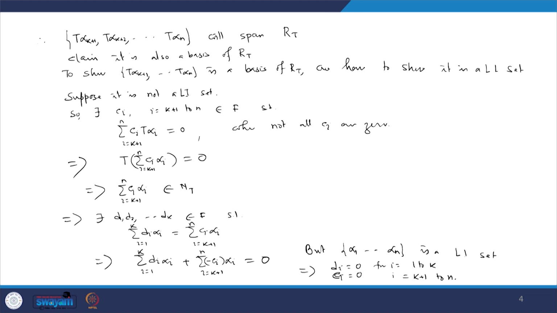This contradicts that in the very beginning we assumed that not all c_i are 0. Hence, T alpha k plus 1, T alpha k plus 2, to T alpha n is a linearly independent set of R(T).